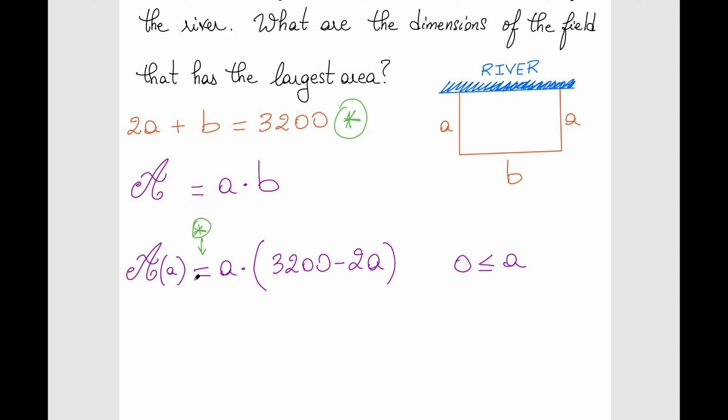And this area is less than 0 if this guy now is less than 0. If you unravel what this means, this guy is less than 0 if a is greater than 1600. Since you don't want it to be less than 0, the largest value for a is 1600.